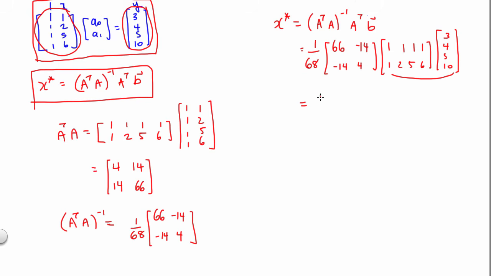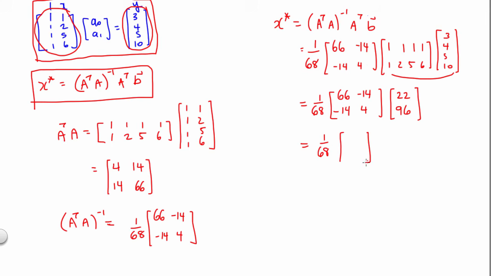It's just going to turn into a shorter calculation that way, or smaller matrices to write down. So it might save a little bit of time. If we multiply through, we are going to get the matrix 22, 96. And I think I'll leave this 1 over 68 out in front for now and just do this last multiplication here. We're going to get 108 and 76.